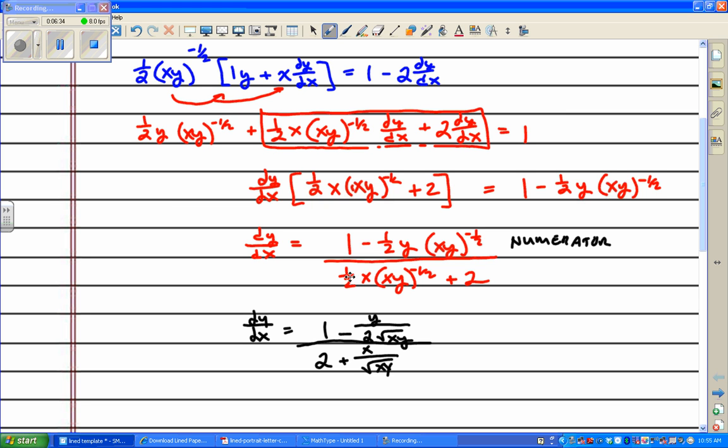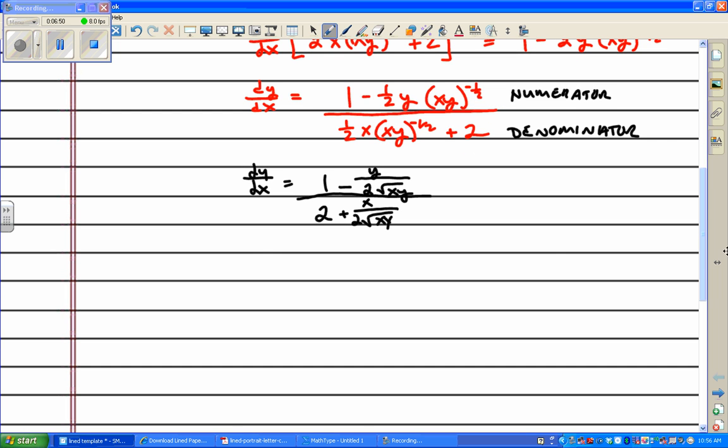Okay, and I guess I forgot the 2 that went with that fraction, so there's 2. So that there is this denominator, written so that I do not have negative exponents.